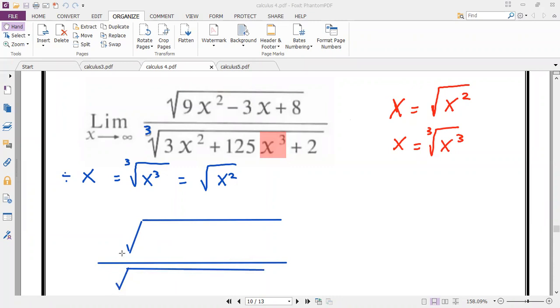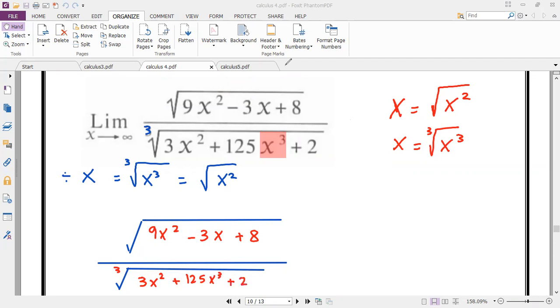So let's write them. Here at the top we have under the square root 9x to the power of 2 minus 3x plus 8. Here the square root and here the cubic root. And I have here 3x to the power of 2 plus 125x to the power of 3 plus 2.